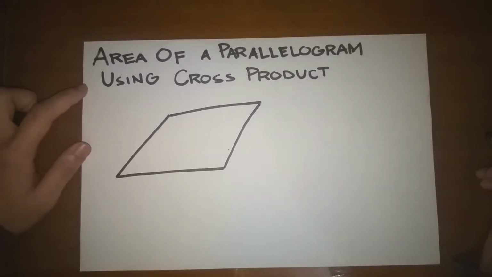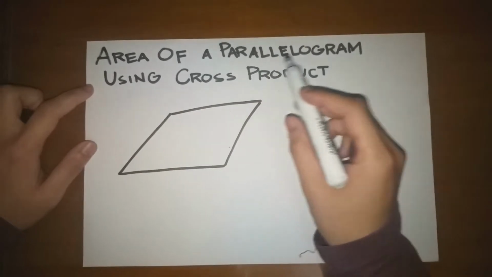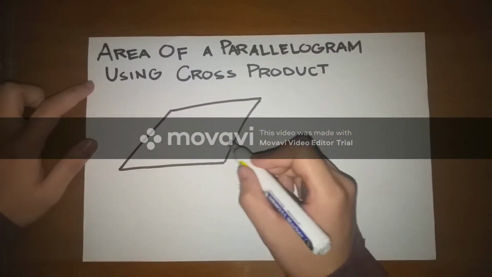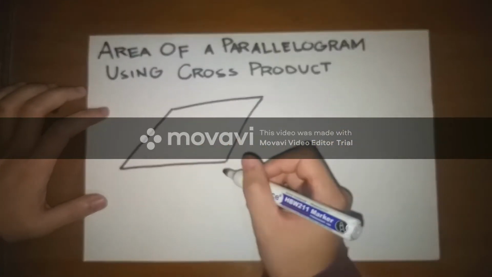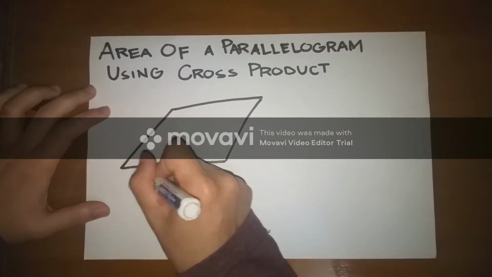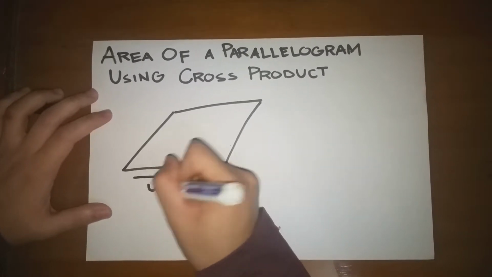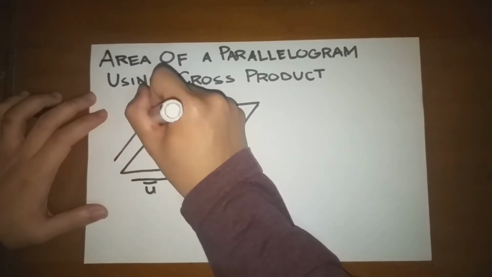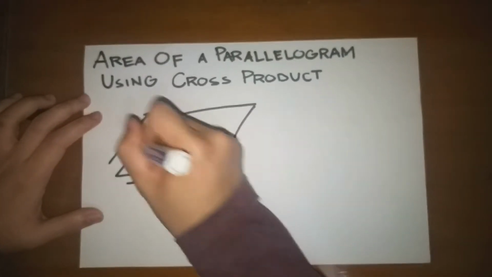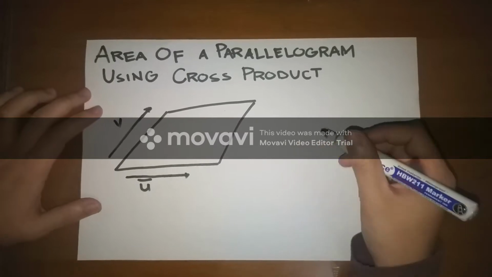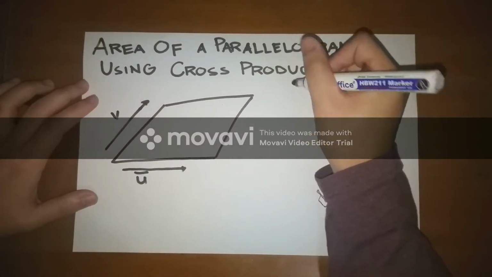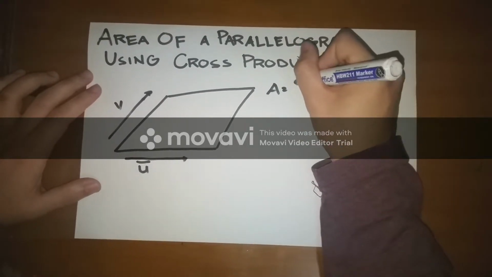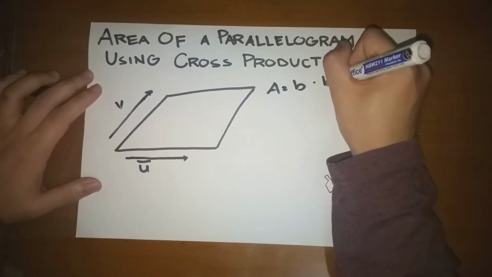For today, we will find the area of a parallelogram using the cross product. Let's say we have a parallelogram that has adjacent sides of vector u and vector v. The area of a parallelogram is the base times the height.